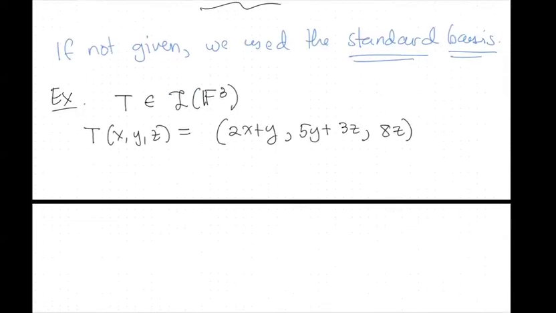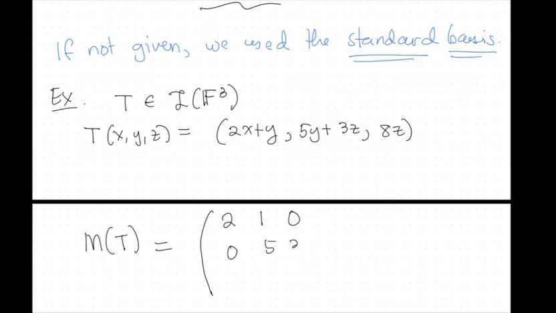So the matrix of the map T is given by 2, 1, 0, 0, 5, 3, and 0, 0, 8.